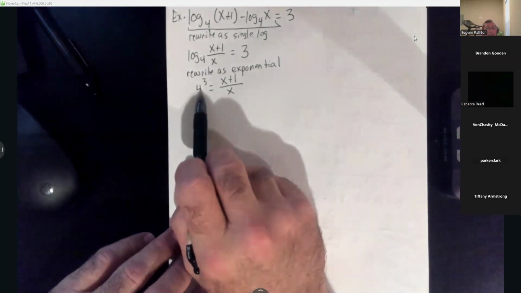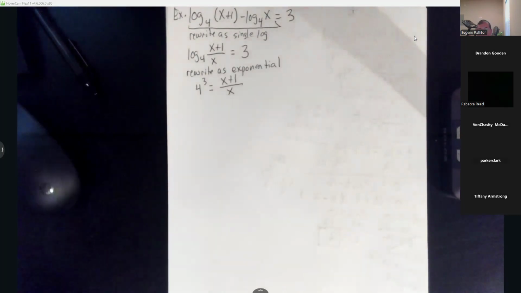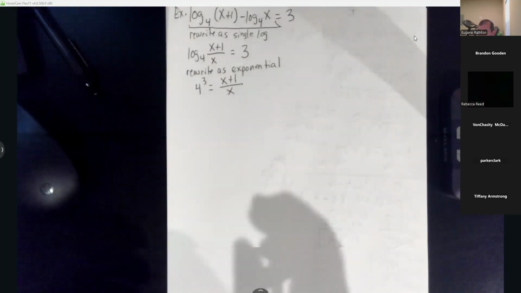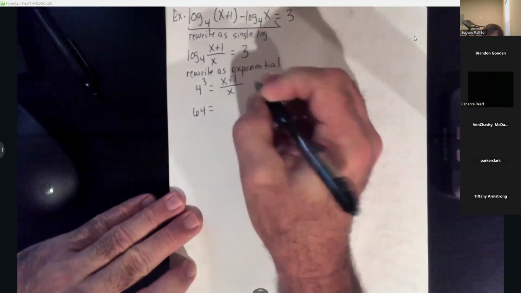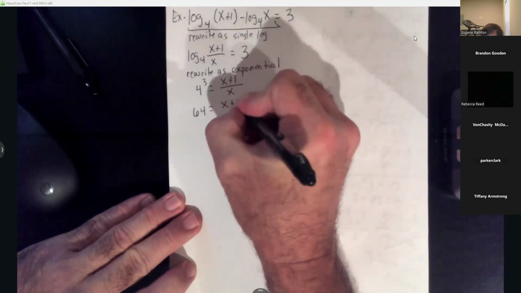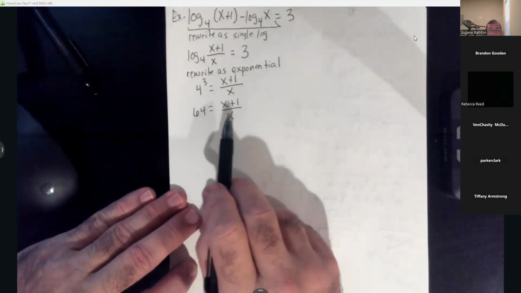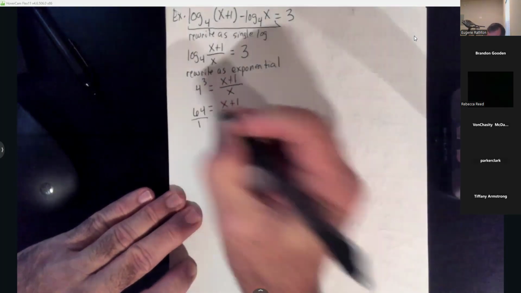So y'all, the first thing we got to figure out, what is 4 to the third power equal? So one of y'all got a calculator, figure that one out for me. 64. So this side will be 64. That's going to equal x plus 1 over x. And y'all remember, what I'm going to do is put a 1 under that 64 again.